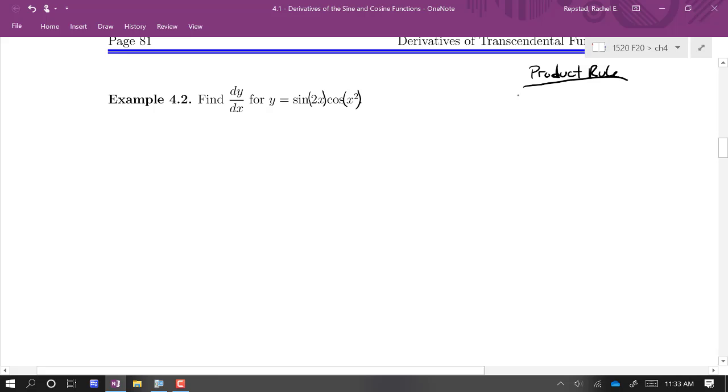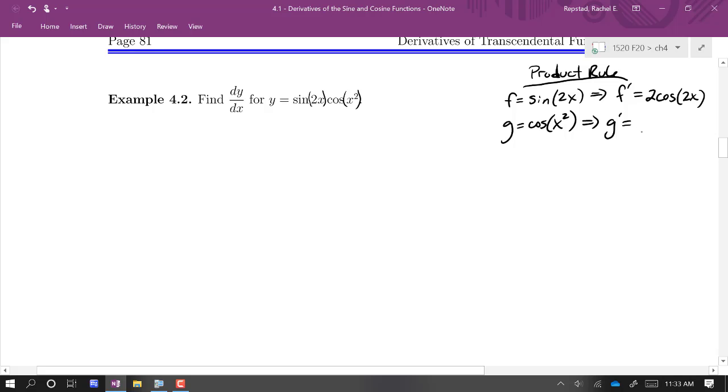My first factor, f, is equal to sine 2x. So f prime is the derivative of sine 2x. That's the one we just found in the last example, so that's 2 cosine 2x. Our g function is cosine of x squared.